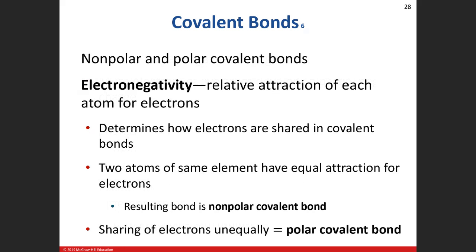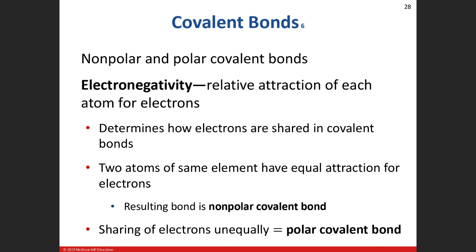So jumping back to this slide here, when we talk about electronegativity, I want you to think of an element's trait of being selfish. It's selfish because it wants to hog, or pretty much hoard, the electrons in a covalent bond. And as you remember, a covalent bond is a sharing of a pair of electrons.